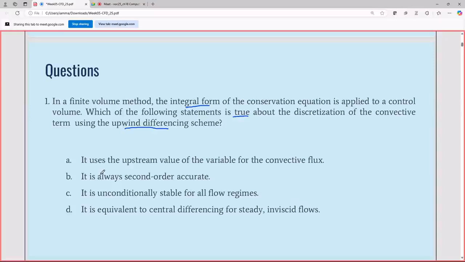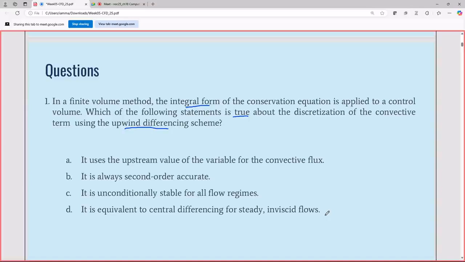Options are: option A, it uses the upstream value of the variable for the convective flux. Option B, it is always second order accurate. Option C, it is unconditionally stable for all flow regimes. Option D, it is equivalent to central differencing for steady inviscid flows.